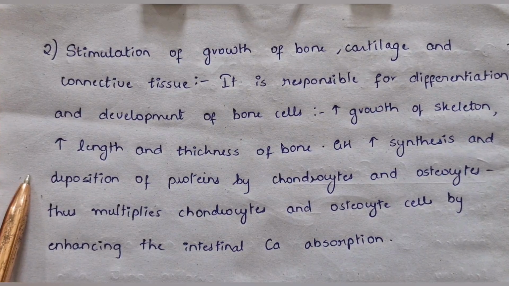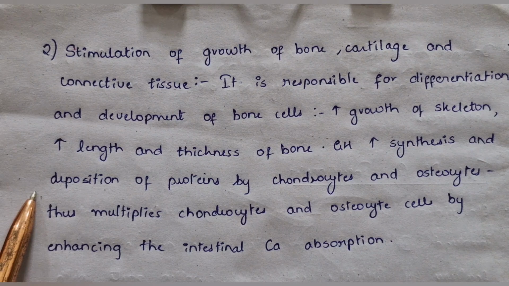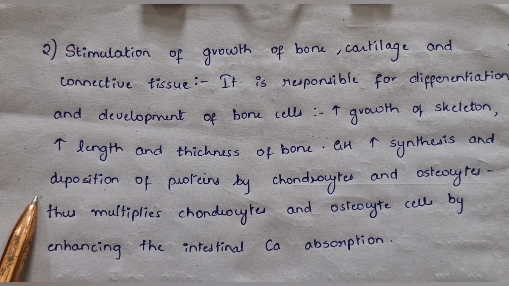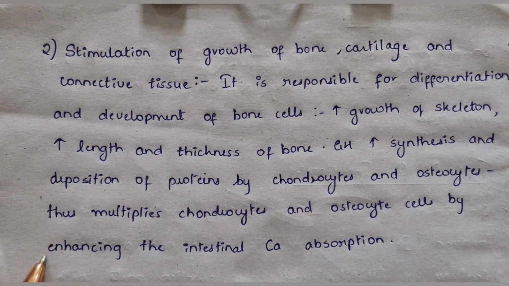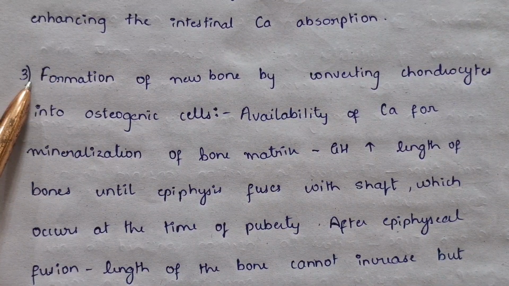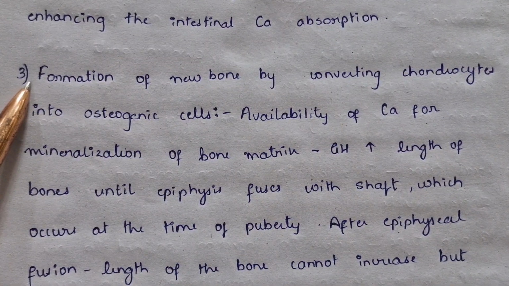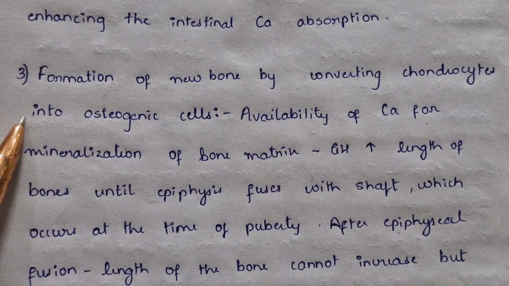Growth hormone increases the synthesis and deposition of proteins by chondrocytes and osteocytes, thus multiplies the chondrocytes and the osteocyte cells by enhancing the intestinal calcium absorption. Thirdly, growth hormone also helps in the formation of new bone by converting chondrocytes into osteogenic cells.